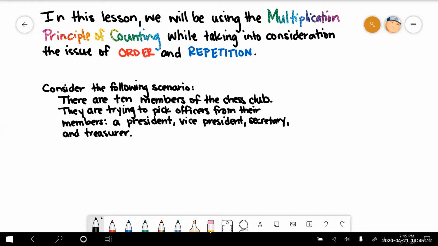Order and repetition did not matter in the last situations when we were trying to figure out how many combinations are possible as we worked through those types of problems where we could write tree diagrams, right? We didn't care about the order things are happening, and we weren't worried about things reoccurring, okay?